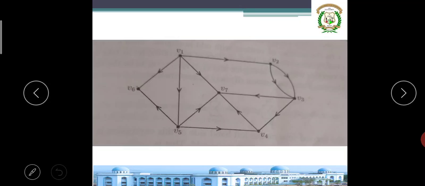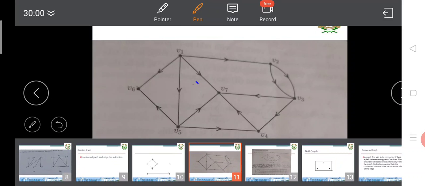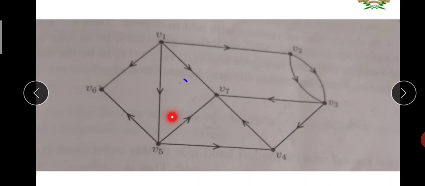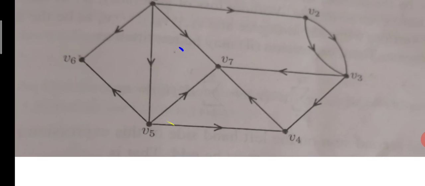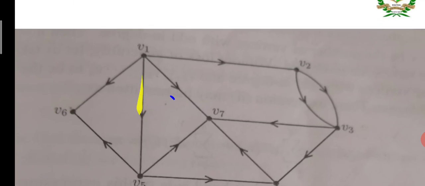What about V5? Very cool way you have to solve this. What is the in degree of V5 and out degree of V5? In degree means how many edges are entering into V5.